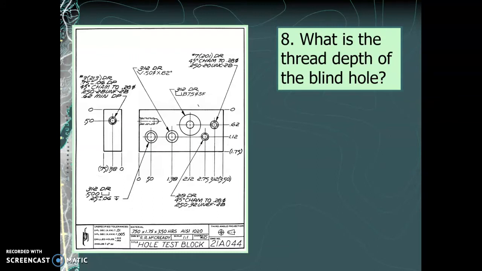What is the thread depth of the blind hole? So we can see in the right view here that there's the blind hole, which means it's this one over here in the side view. And so we can see there's a lot of information here. We need to kind of parse this out. We've got number 3 hole. So the hole itself that goes through the block, or it doesn't go through, it's blind, but the hole itself is a number 3 hole, which corresponds to 0.213 inches.